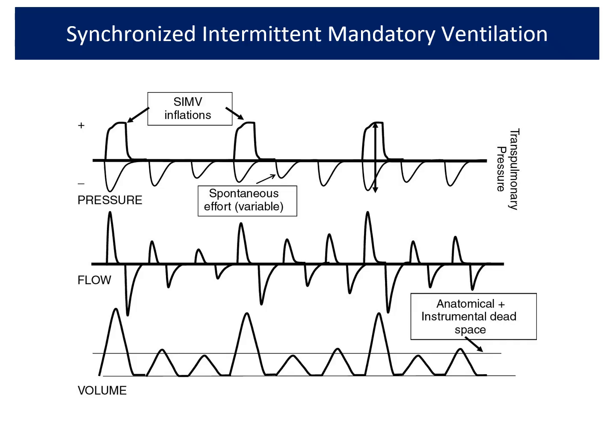So in SIMV, for example, you have set 20 breaths. So 20 breaths will be delivered. On top of that, the patient can take extra volumes in between. So for example, you are giving mandatory breaths of 400 ml, just suppose, and the patient takes 200 ml in between.